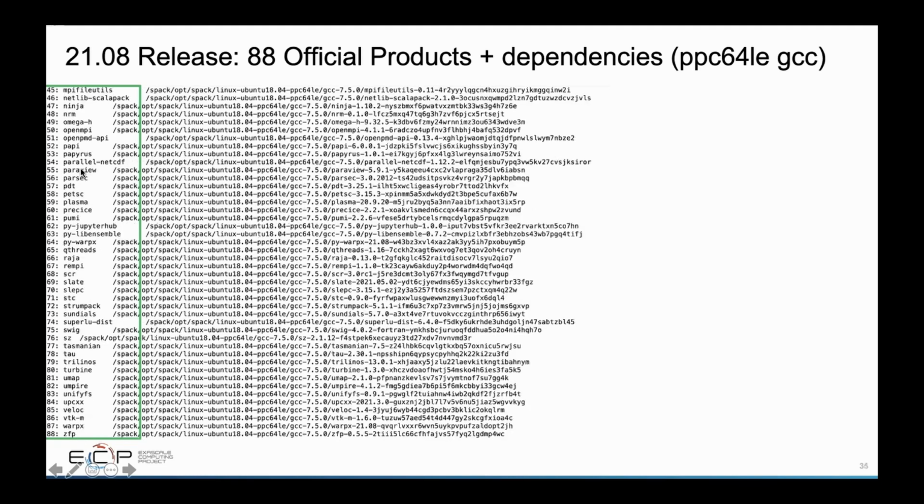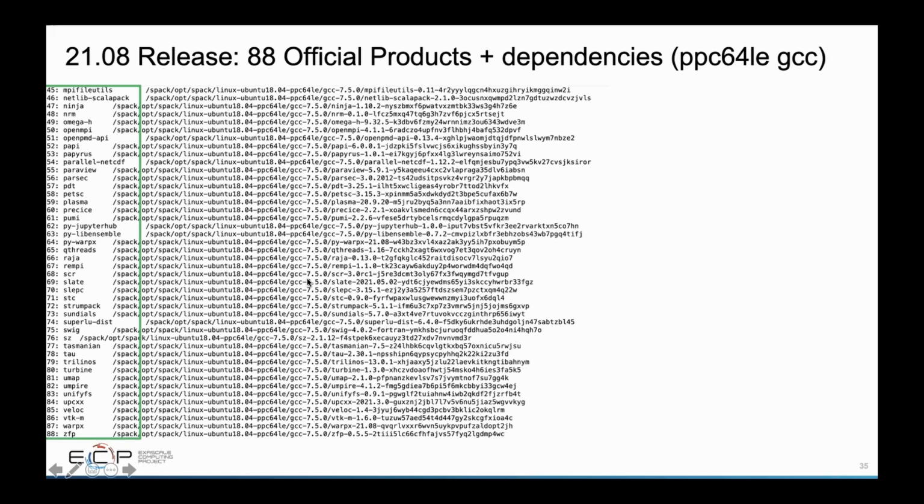We have tools like ParaView, Ninja, scalable checkpoint restart, SCR, STRUMPACK, SUNDIALS, SuperLU, TAU, Trilinos. And by Trilinos, I mean there are probably 70 or more libraries that are in the Trilinos installation, which spans a range of different solvers. And you get the idea. There are 88 different packages that may be immediately useful for your HPC application deployment.